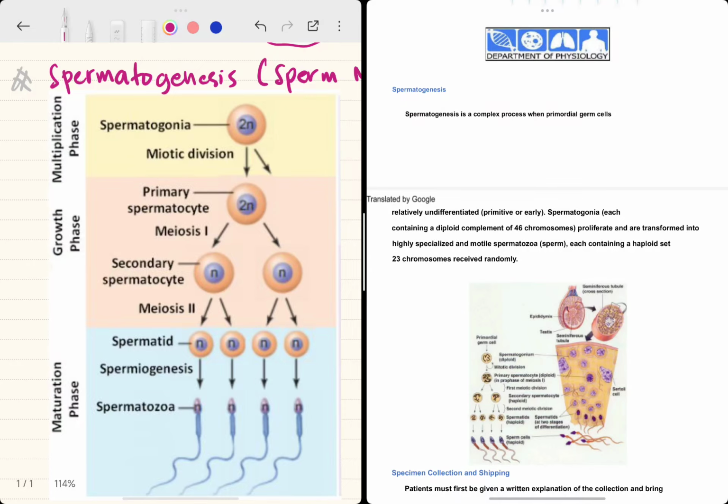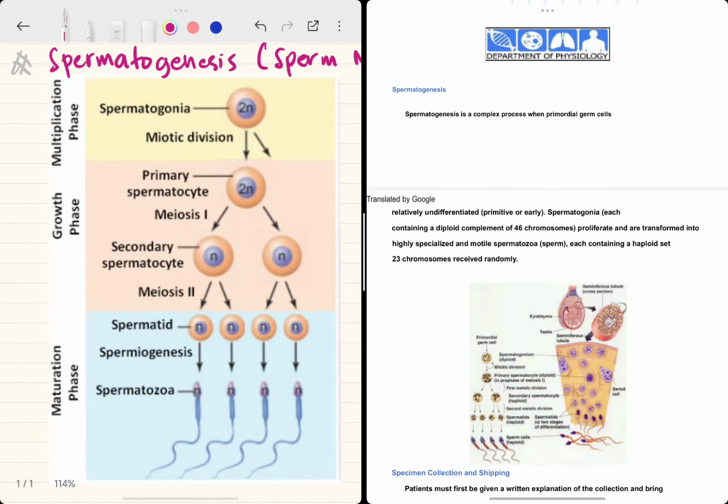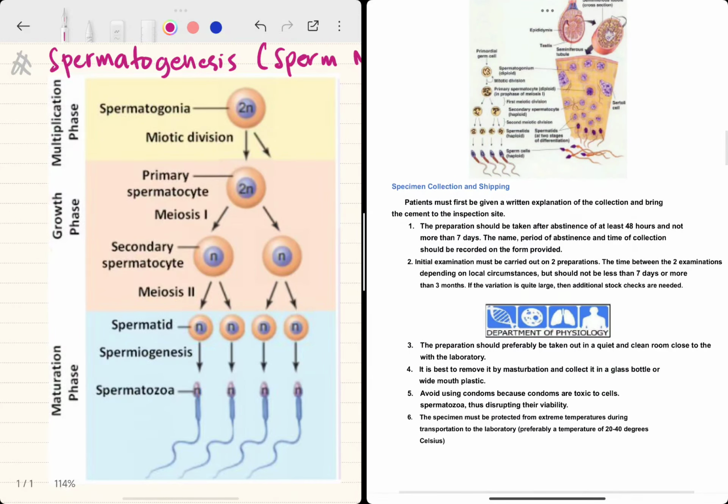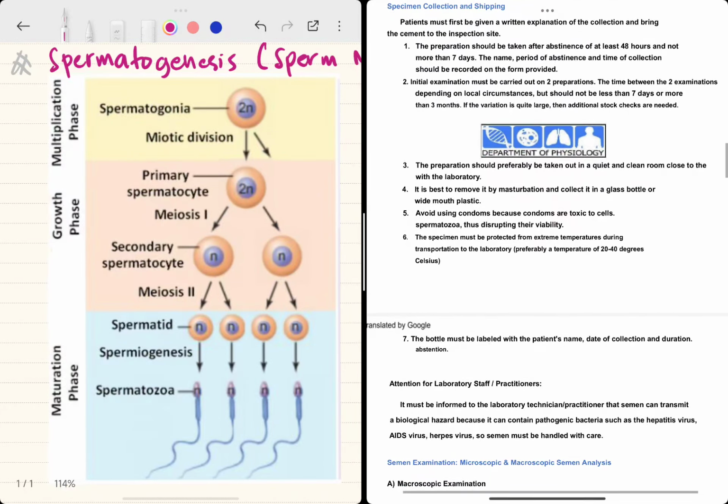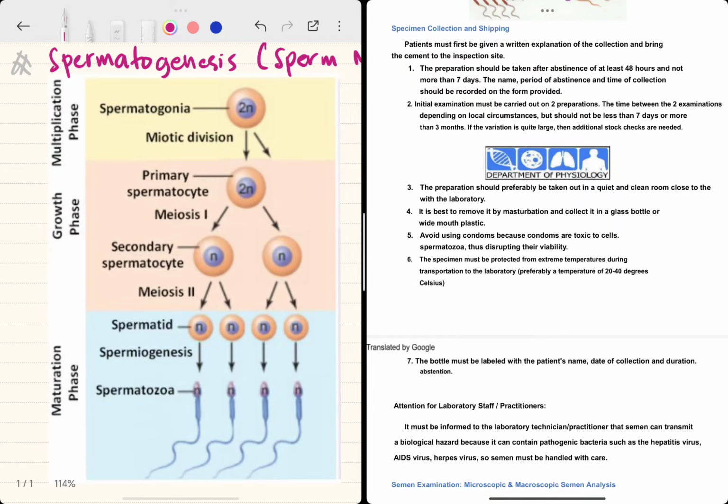And this is the process, but I think you don't need to know too much about this, because it's not what we are going to learn. I mean, you have learned this in biology, so fine.